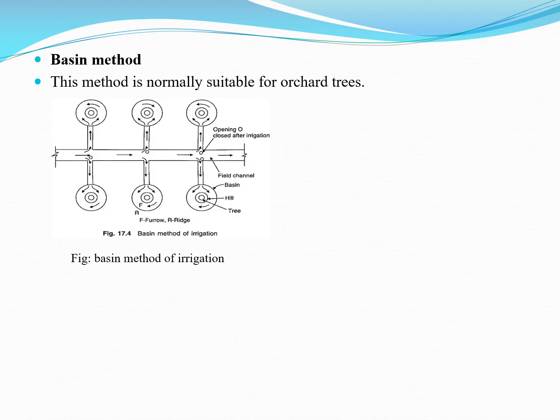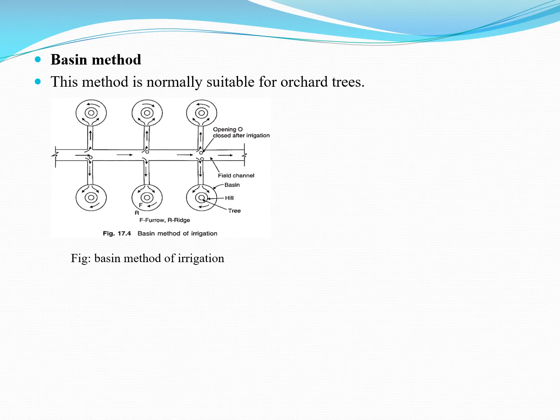Next is the basin method. So in this type of surface irrigation, the water is directly and rapidly applied at a uniform depth until it infiltrates into the soil.